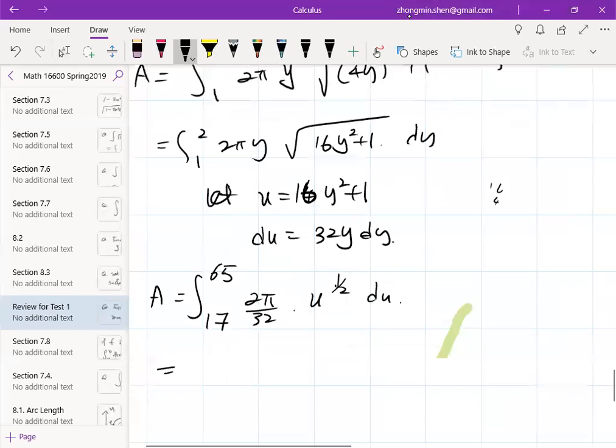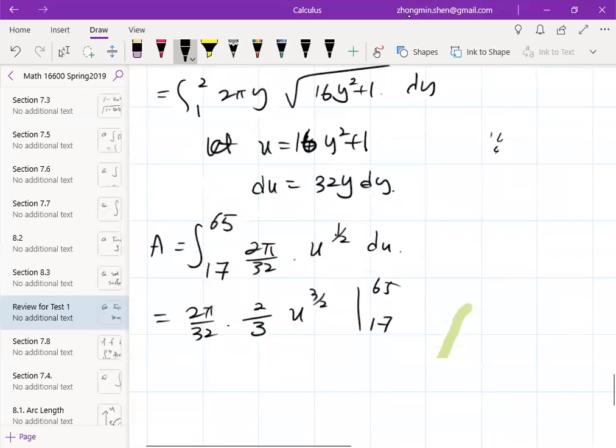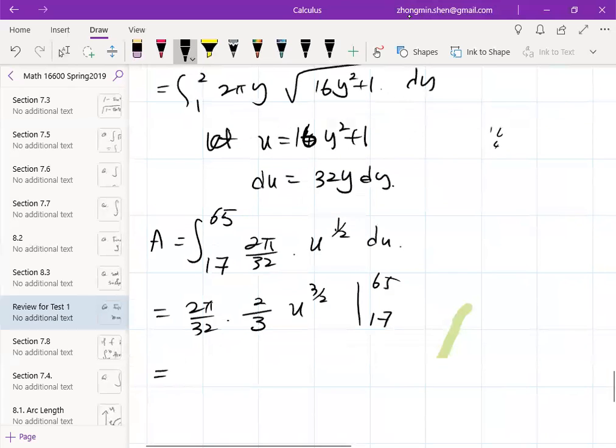You will end up with pretty strange numbers, okay? So it's going to be 2 pi over 32 and 2 over 3, and u to the 3 over 2. 32 divided by 4 is 8. 8 multiplied by 3 is 24.